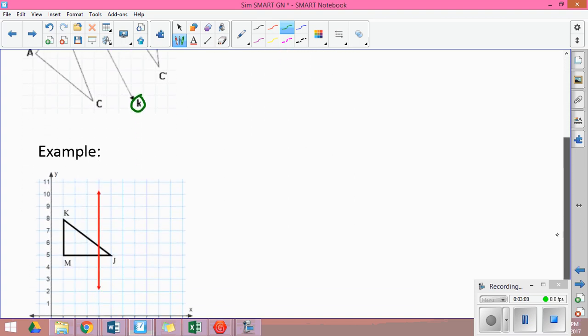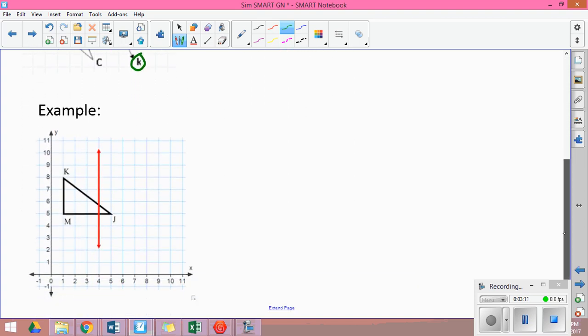So if we think about common sense, reflecting, think about folding this figure in half over the red line. Point J is 1 unit away. J prime is going to end up over here. M was 1, 2, 3 units away. M prime is going to end up over here. And K is 1, 2, 3 units away, so it will end up 3 units away over here.